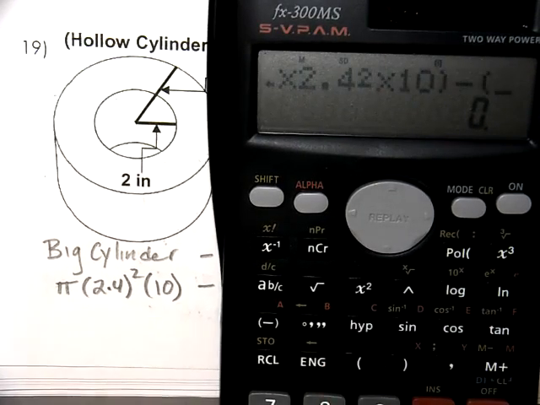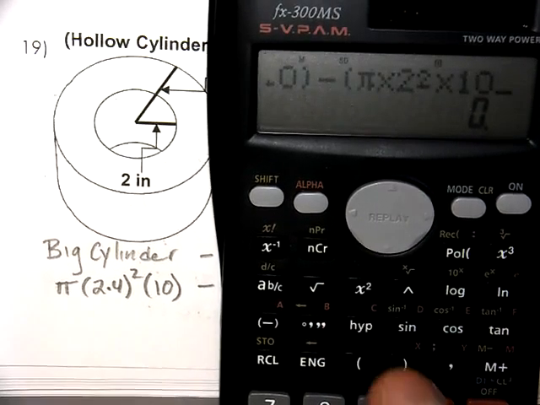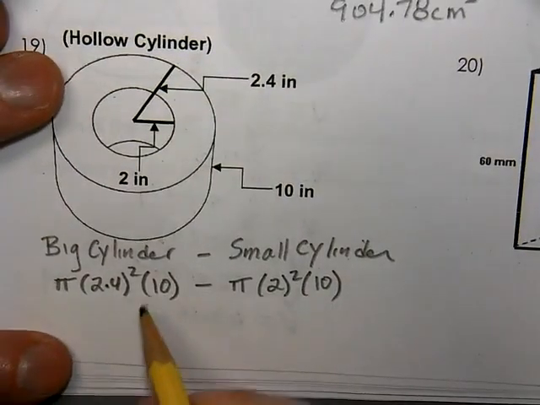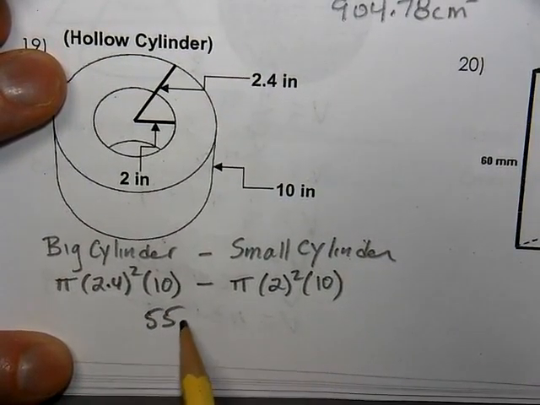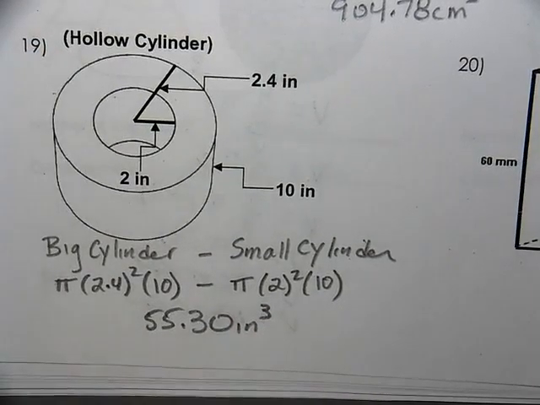Minus, parenthesis, we're going to subtract the small, which is pi times 2 squared times 10. That leaves us with 55 point, that would round up to become 30. Those would be inches cubed.